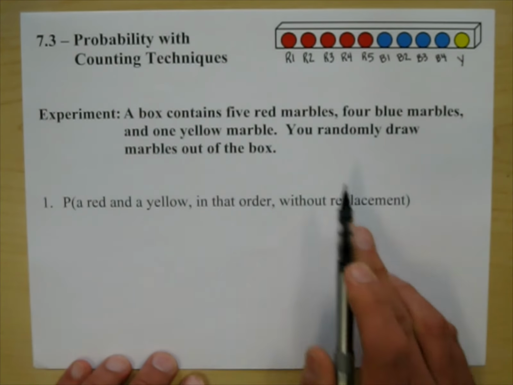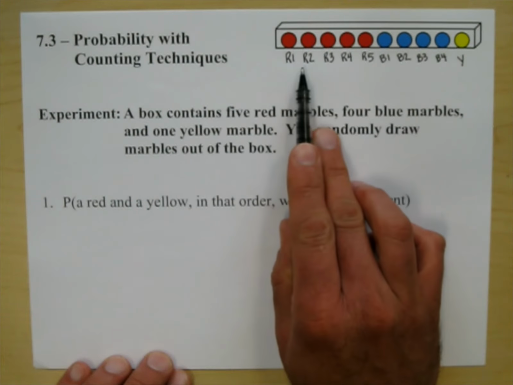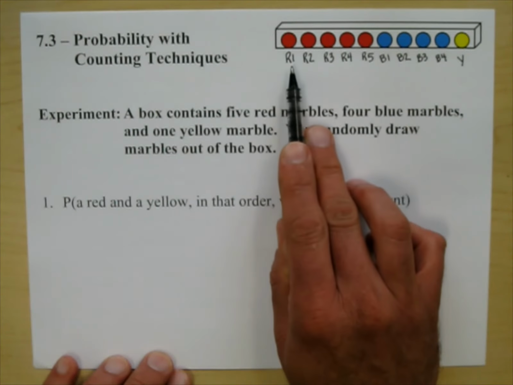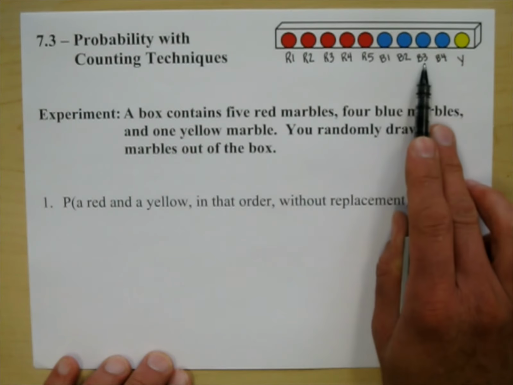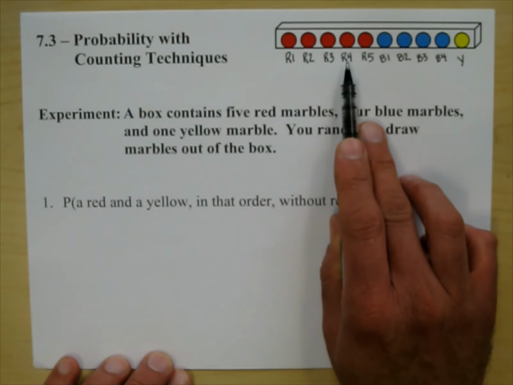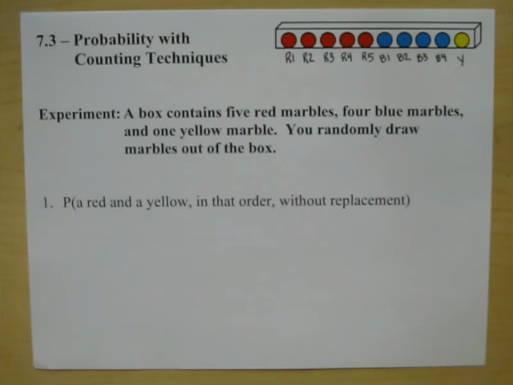So we can pull a red 1 followed by a red 2, or a red 2 followed by a red 1, or a red 1 followed by a blue 3, or a yellow followed by a red 4. So our box of marbles is going to be a lot bigger than this because there's a lot more outcomes that can happen.